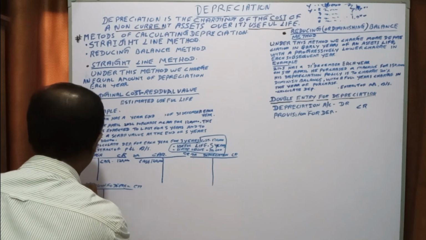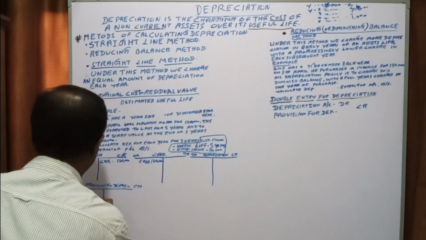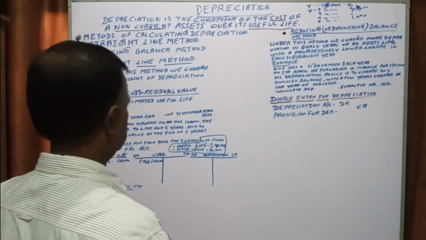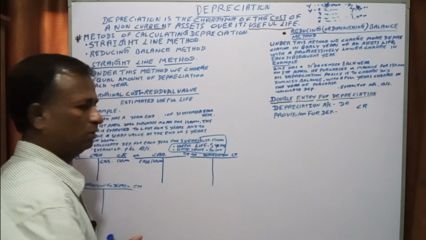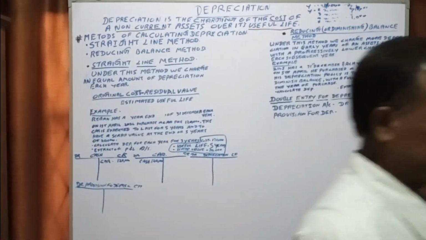This is credit, this is debit. Two items. Okay, wait a minute.